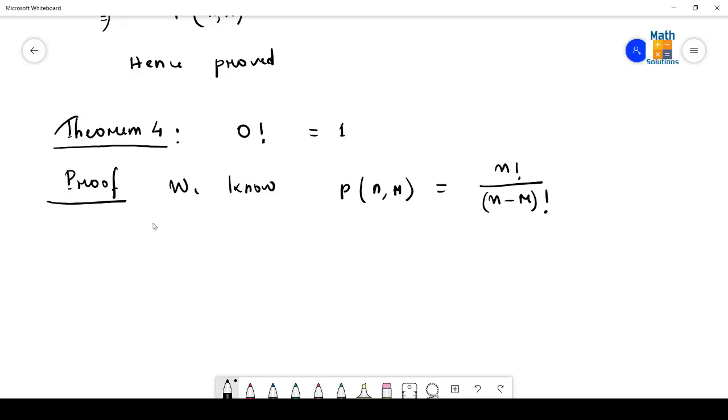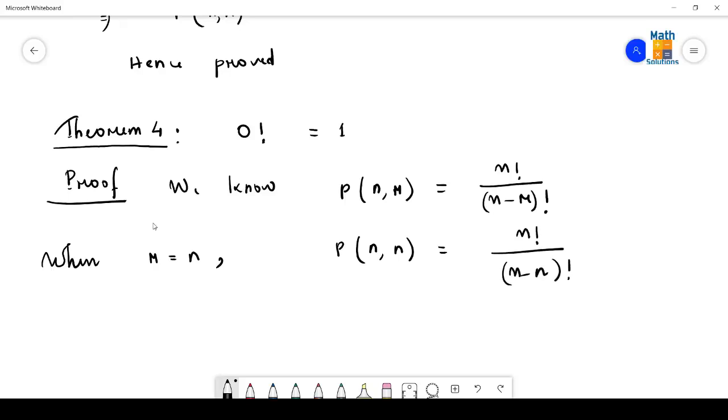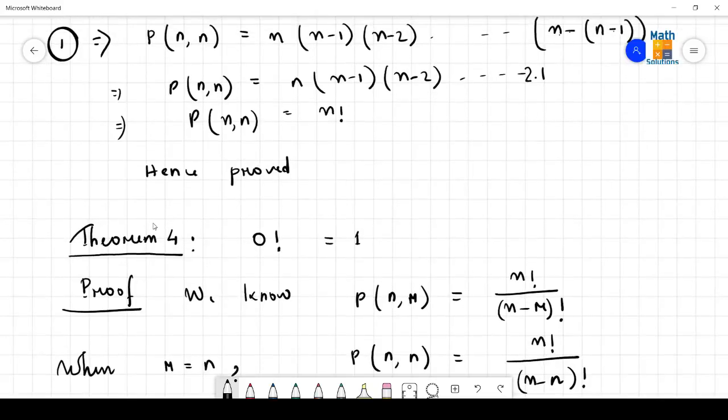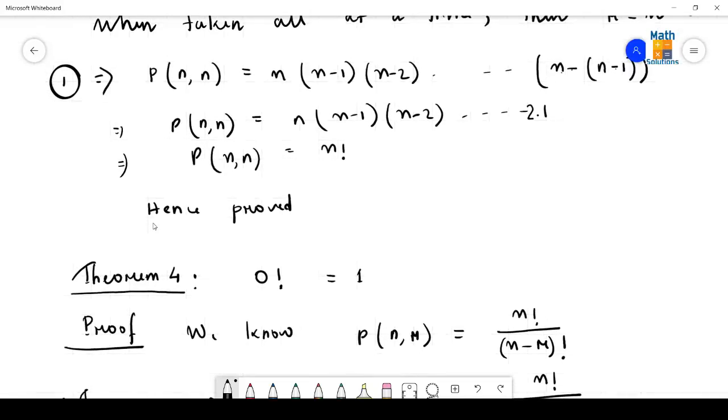So if we consider when r is equal to n, then it will become P n comma n is equal to n factorial by n minus n factorial, putting n in place of r. In theorem 3, already we got that P n of n is equal to n factorial.